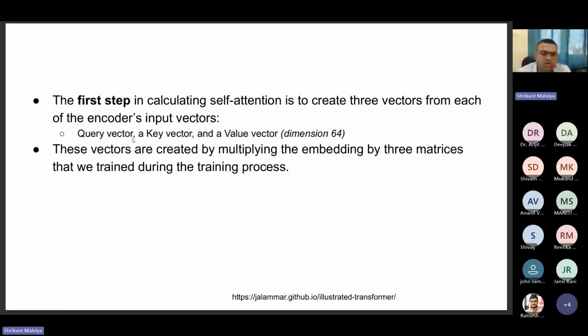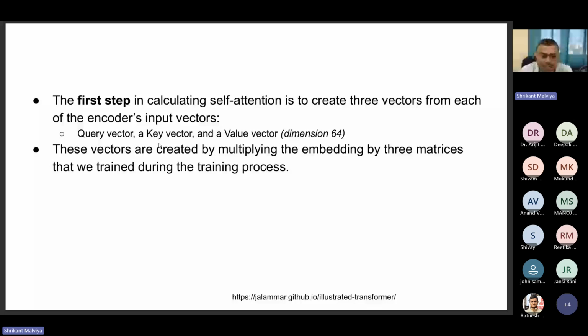The query will attend the key vector by dot product to identify how much a particular word needs to be attended. Query and key together give the probability, the weight by which a particular word will be attended by the current word.